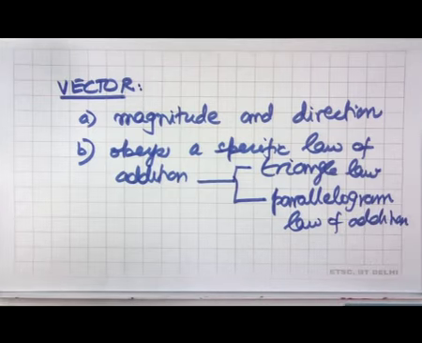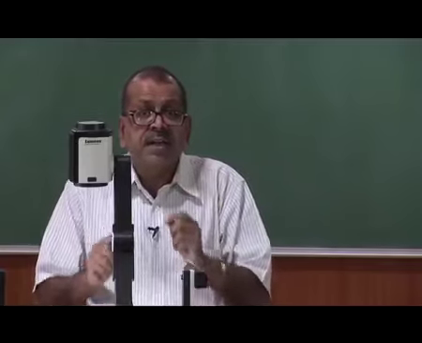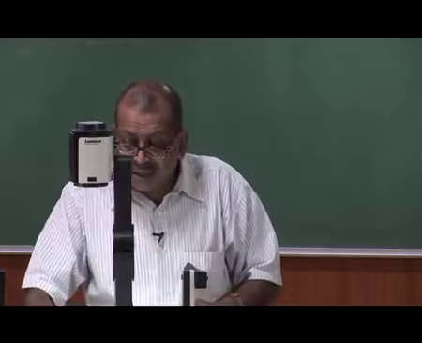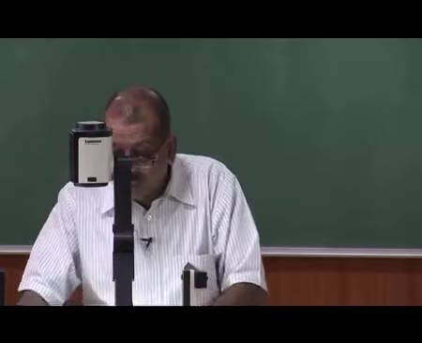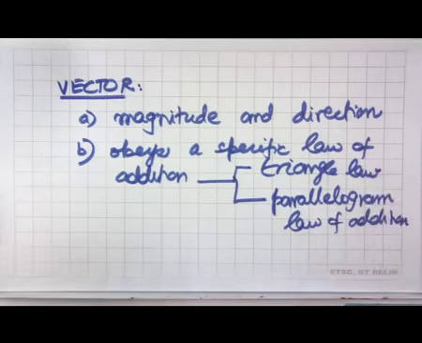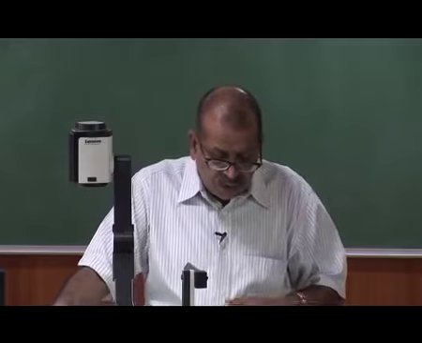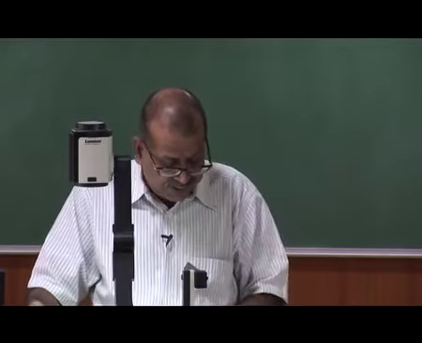So, a quantity which has a magnitude and a direction, that is the first requisite, and secondly when we add two of these quantities, then they have to follow a specific rule. The answers given by both of these will be the same and we will explain this. So, a quantity has to do both of these to qualify as a vector.